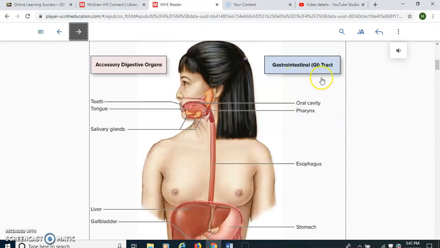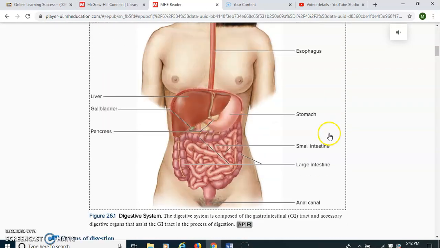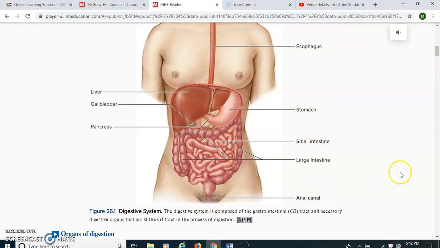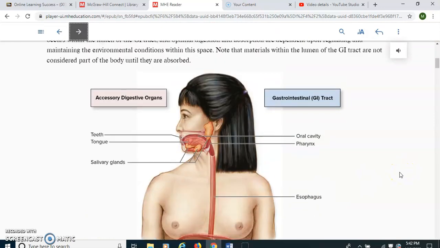So that's why they're called parts of the gastrointestinal tract. The whole system is the digestive system, but the parts making up the tract are the parts where the food is actually passing through. So the oral cavity, pharynx, esophagus, stomach, small intestine, large intestine, and then the anal canal, that last part, is part of the gastrointestinal tract.